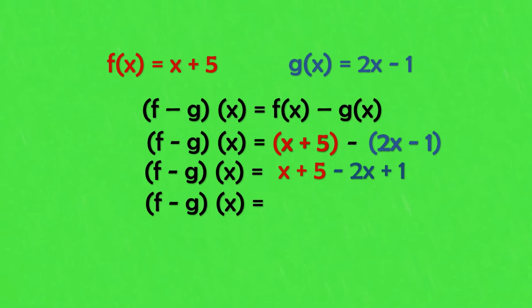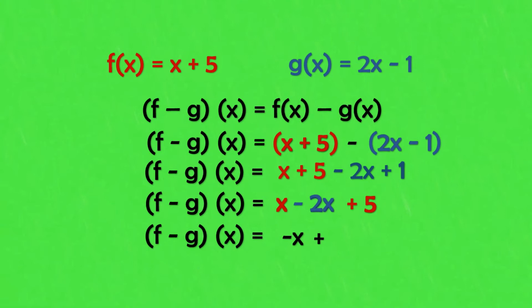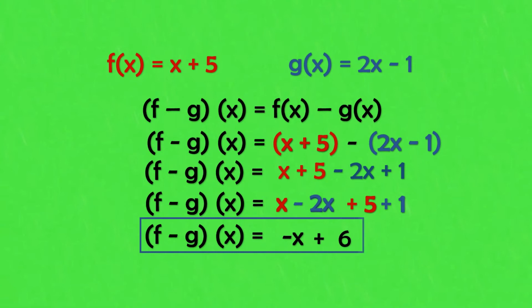Combine like terms, x minus 2x is negative x, and 5 plus 1 is 6. So our final answer is f minus g of x equals negative x plus 6.